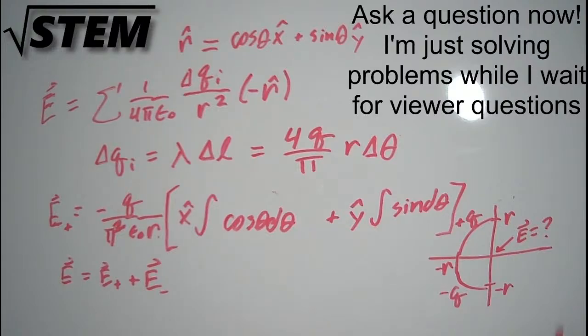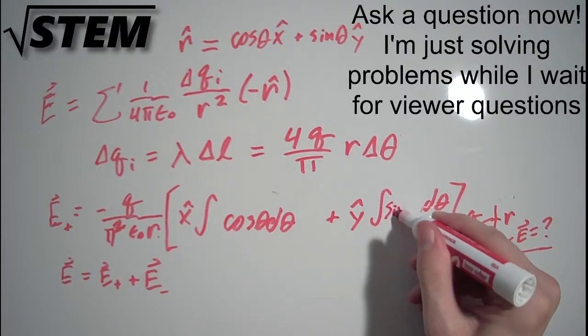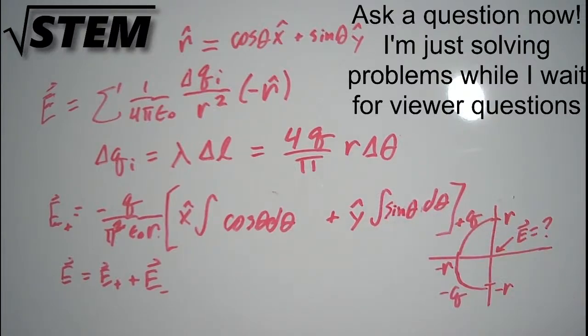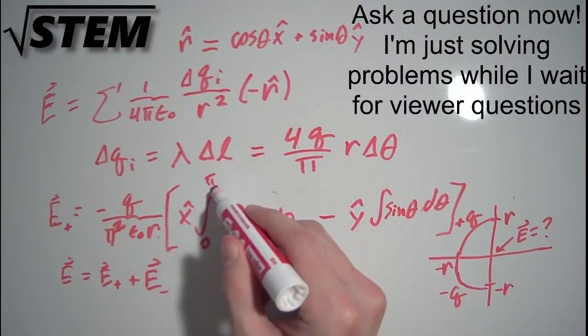Oh, I just realized I wrote sine with nothing inside of it. So this we would expect to be positive, and this we would expect to be negative. I think we can just put those signs on it and do it from 0 to pi over 2.